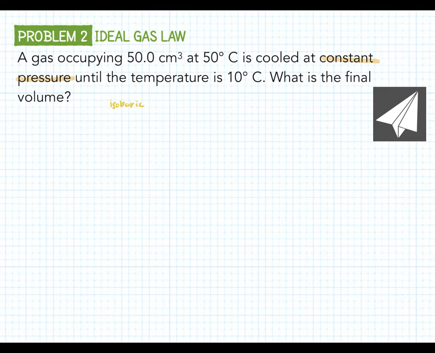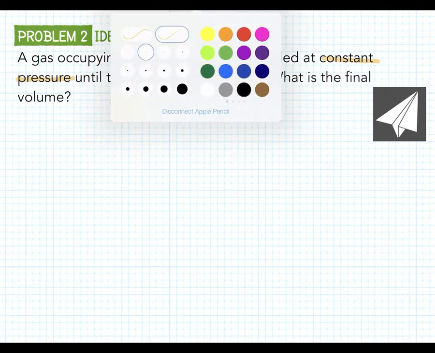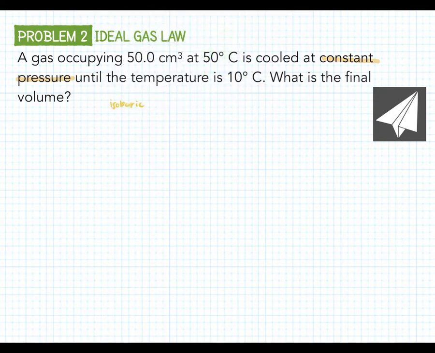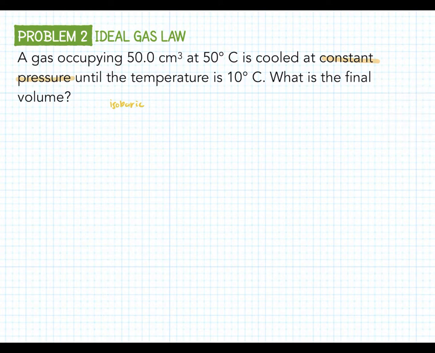So let's write down what we know. And before we even get started, we want to make a prediction about what kind of answer we're going to get. So we know we have our temperature 1, and that's going to be 50 degrees Celsius, which we add 273 to get 323 Kelvin.